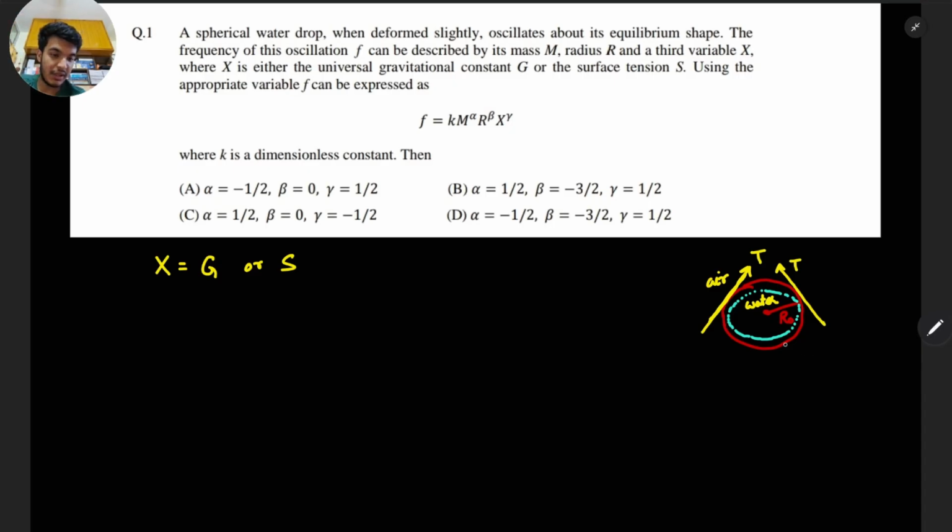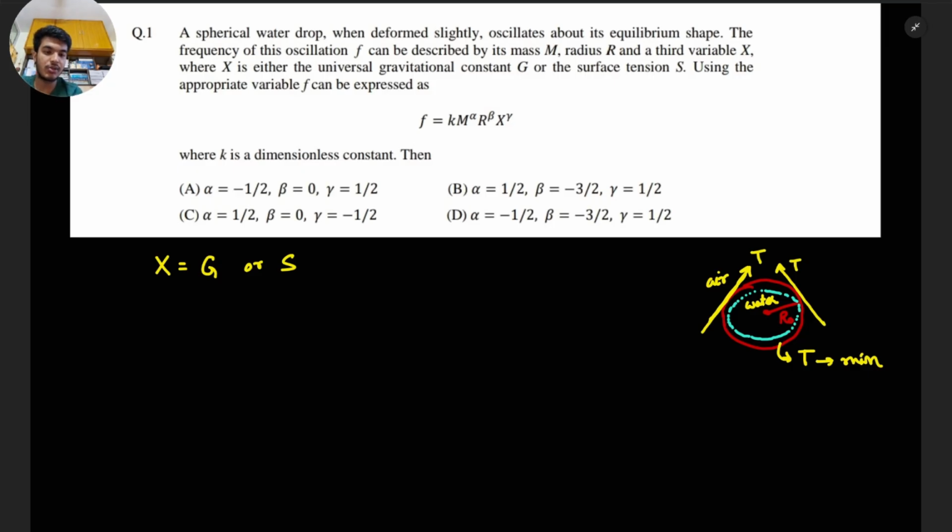Since at equilibrium the shape is spherical, T I can say is minimum, because at the spherical shape the surface energy is minimized. The equilibrium shape of any object is that shape which it tries to attain to minimize its surface energy, because that's the most stable state of existence of any object.